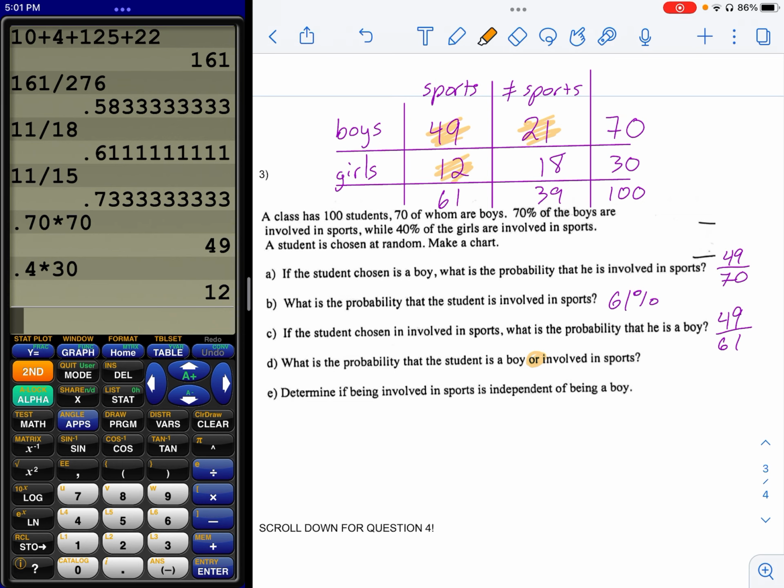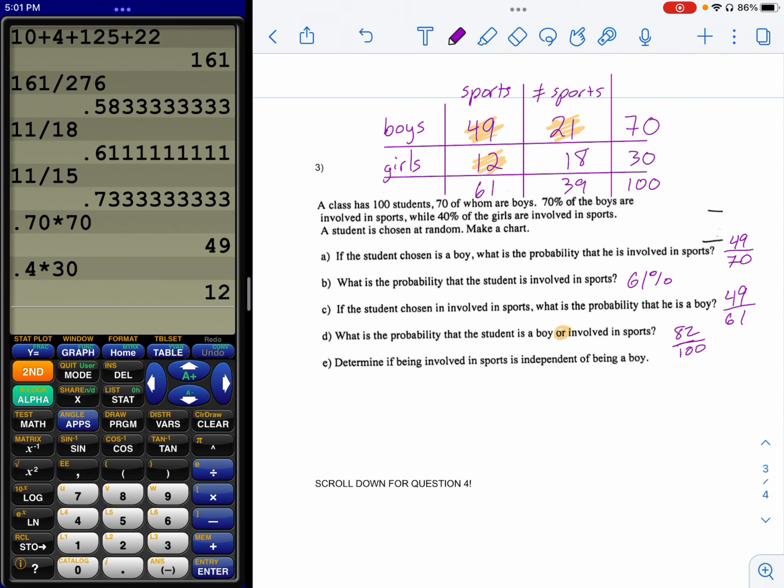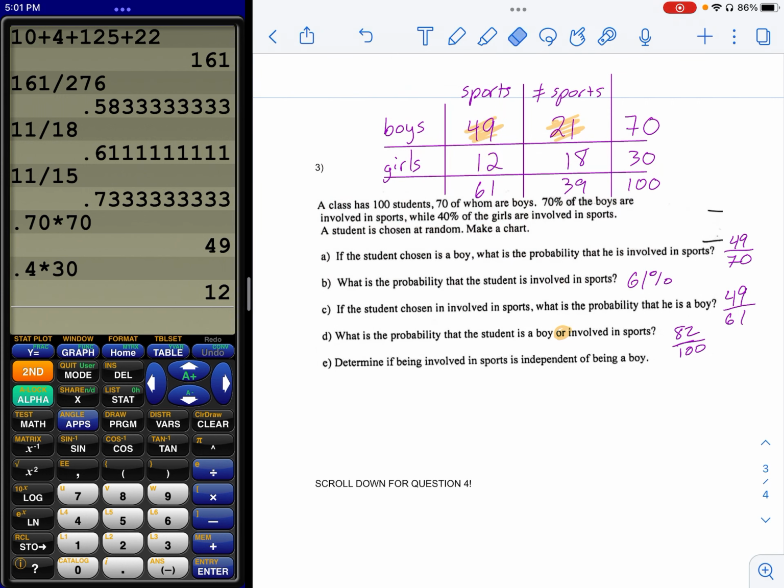And then you add them up. And that would add up to 82, okay? 82 out of 100.